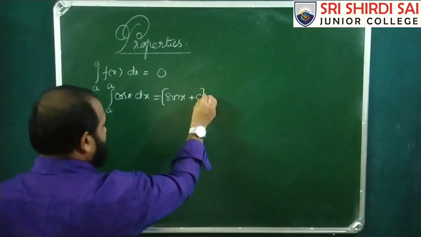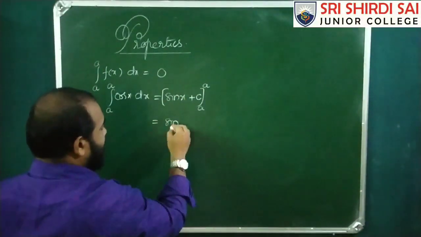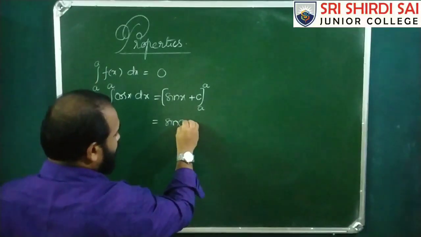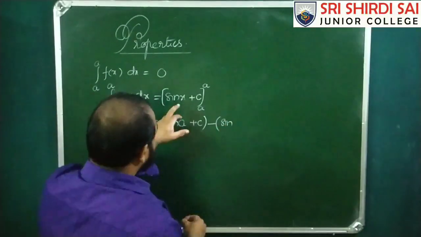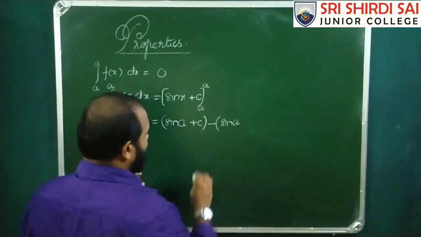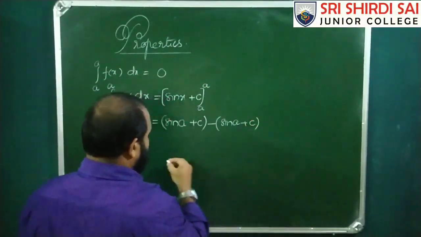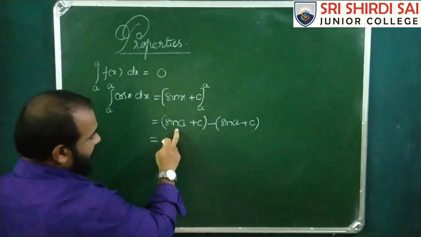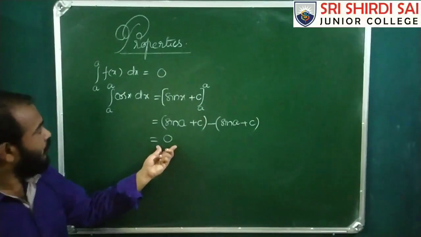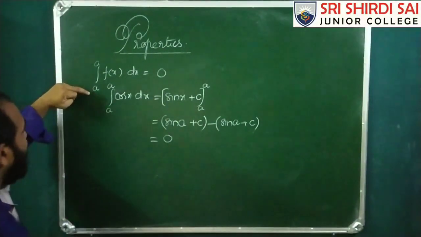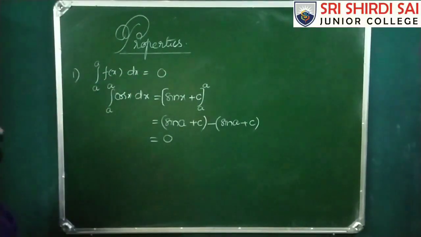Substituting the upper limit a in place of x, sin a plus c, minus sin in place of x substituting the lower limit a. This time both limits are the same, plus c. Then sin a minus sin a, plus c minus c gets cancelled. So we are left with 0. Therefore we arrive at the conclusion that integral a to a of f of x dx equals 0. This is the first property.